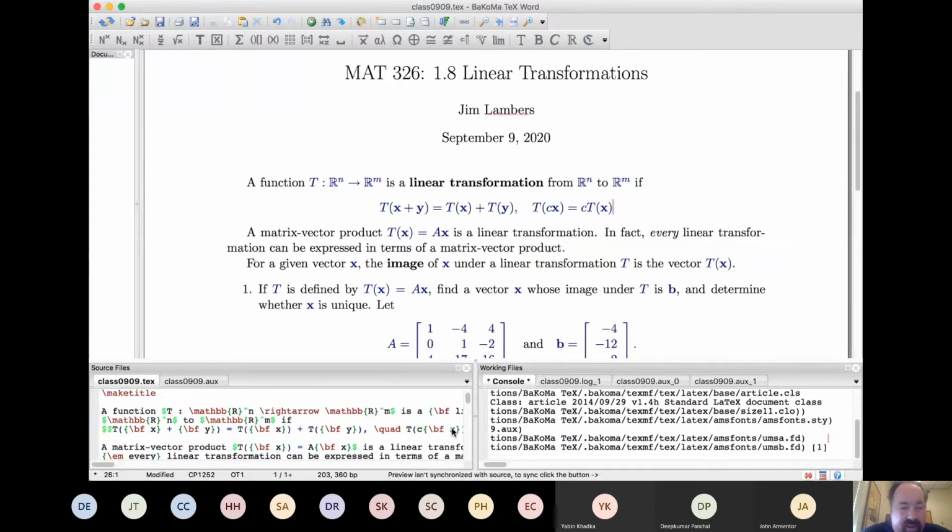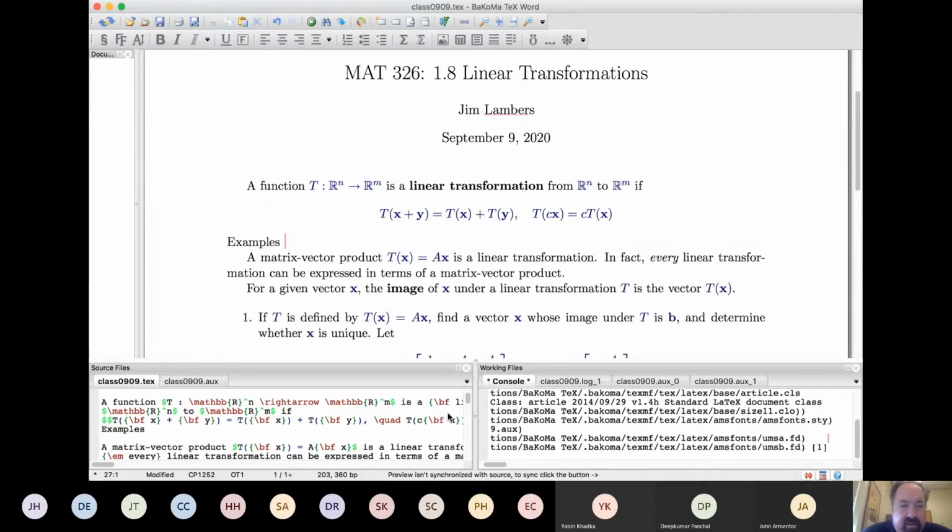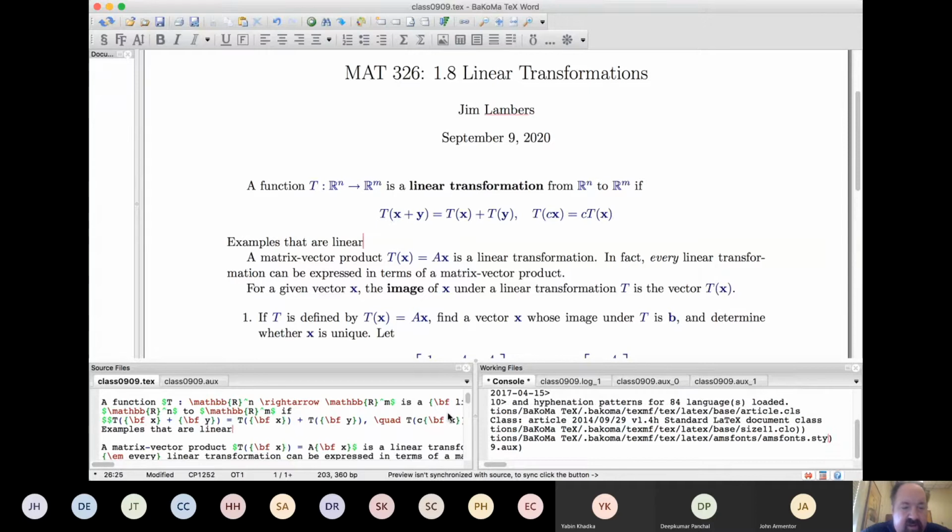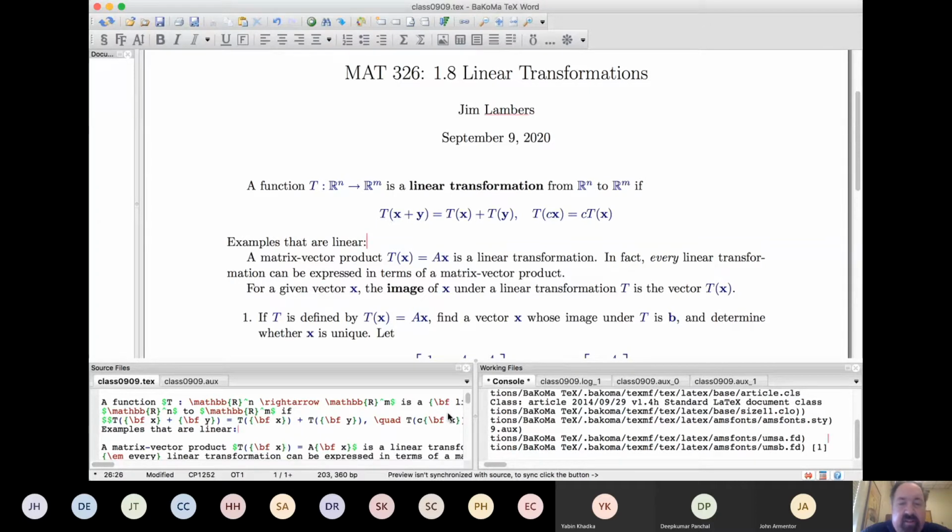Now, I'm going to add some examples of linear transformations, and also describe some functions that are non-linear, so you can see the difference.